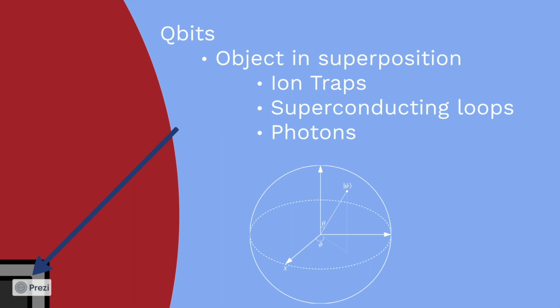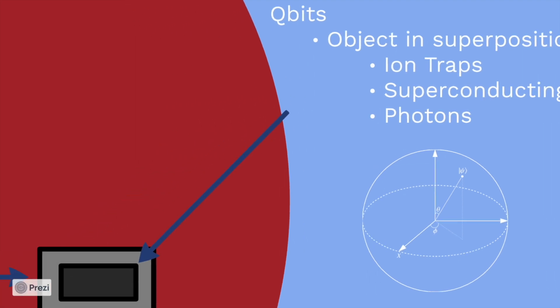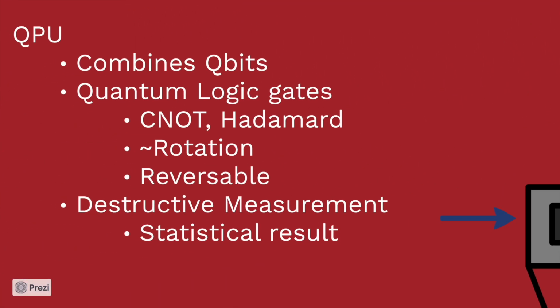The way a qubit is physically realized also has influence on how the bits are manipulated and combined. For ion traps, this usually means using photons of a given quantized state to influence the ions. The head itself is replaced with a quantum processing unit that combines the qubits with each other. The rules that apply to combining and manipulating qubits are different from the Boolean logic used in regular computers.